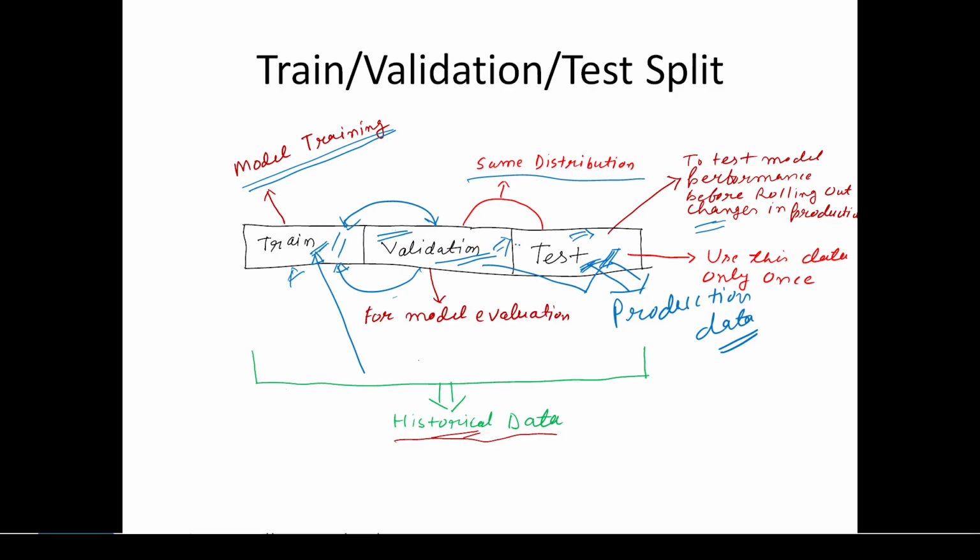Because if that's not the case, then probably the performance against the test data will not be accurate, because we have built and evaluated my model performance against the incorrect split, because my validation data does not reflect the actual production data distribution, right? So that's the critical thing. You need to make sure that it comes from the same distribution. Same distribution means it reflects the actual production data.